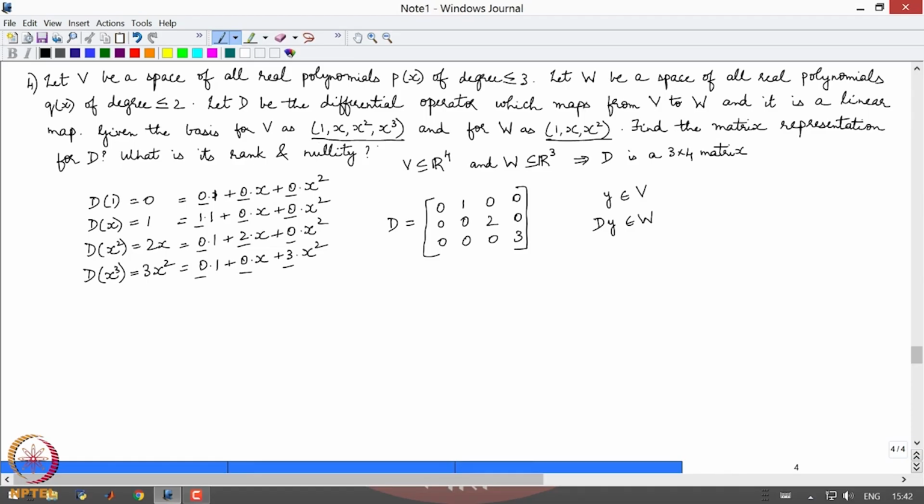So, before finding out the rank and nullity of this matrix, what if we change the order of these bases? I will change just the order of one of these bases; let the basis for V remain the same.